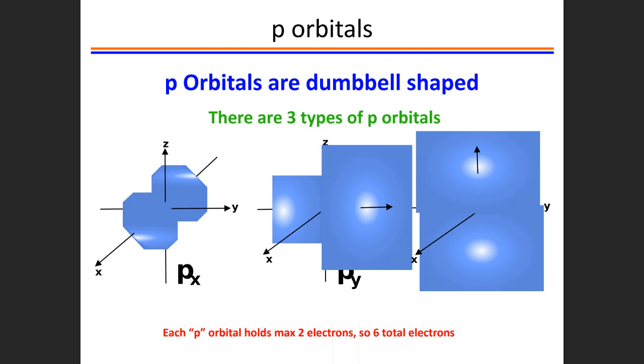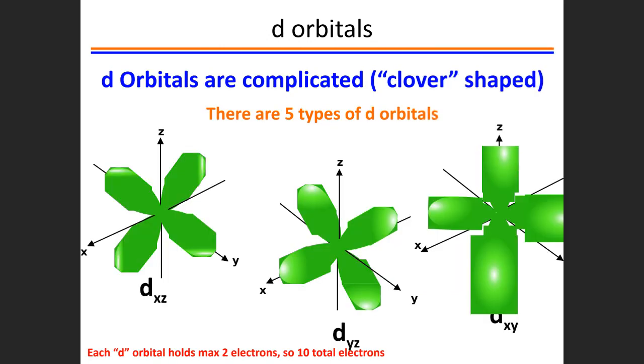p orbitals, which are dumbbell shaped, and there are 3 types of p orbitals. Each p orbital holds a maximum of 2 electrons, so 6 total. Since there are 3 types, s orbital 2 and p orbital 6 total 8 electrons in the second shell. Now we have the d orbital.